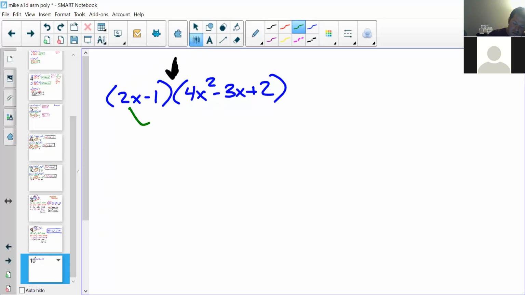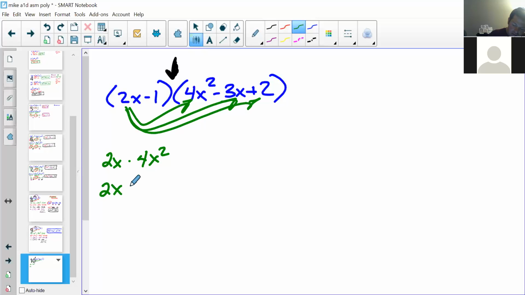So I'm going to distribute 2x to every single term in the second quantity there. So I'm going to do 2x times 4x squared. I'm going to do 2x times negative 3x. And I'm going to do 2x times 2.